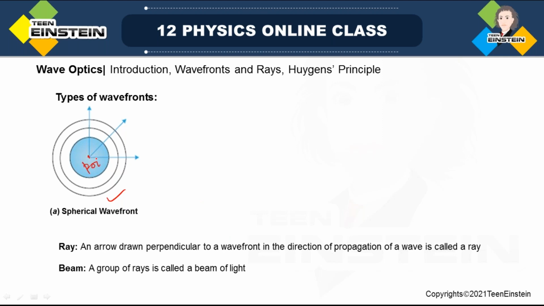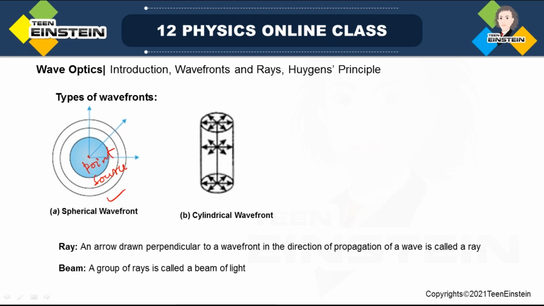So the source here is a point source. Now look, if your source is not a point source but a line, I'll show you how a line source looks. This kind of line source, the sodium vapor lamp, you will get in your laboratory. This is a line source. If your source is a line source, then the wavefront you get is a cylindrical wavefront.